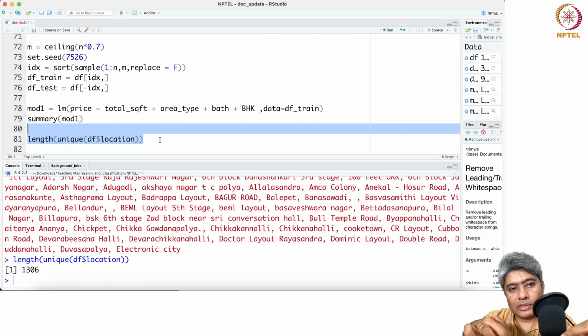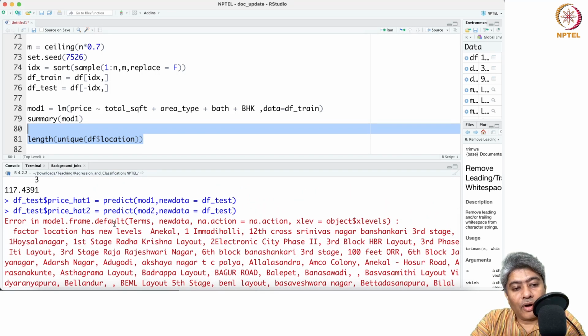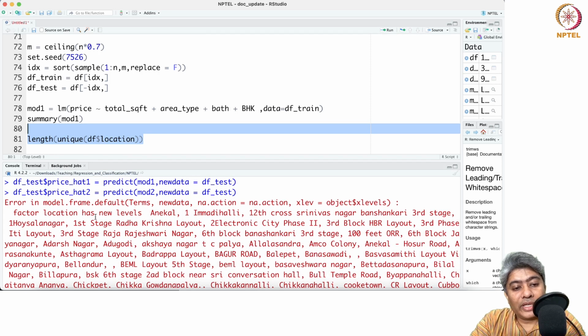Now when I'm splitting the data, I'm randomly splitting, and for quite a few locations, all samples have gone into the test set. That means those locations are completely missing in the training data set, so the model could not train on them, and as a result it throws the error: model data frame default error in model factors, location has new level.